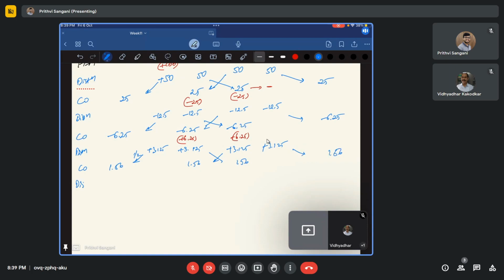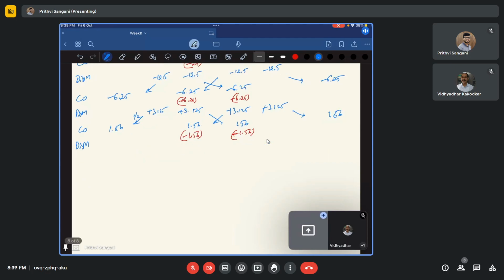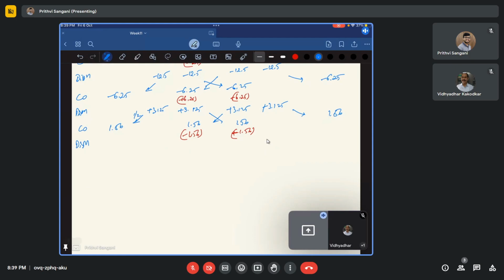So you have one more step of distribution. The net will be 1.56, so you need to apply minus 1.56. This is going to be distributed as minus 0.78, minus 0.78, minus 0.78, and minus 0.78.